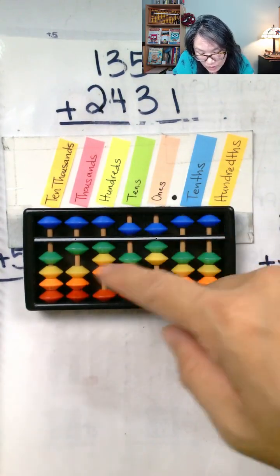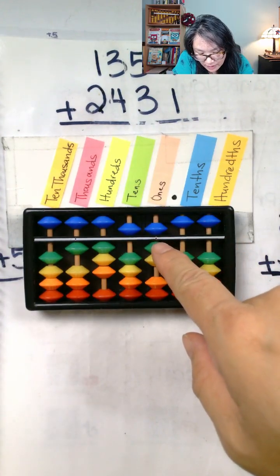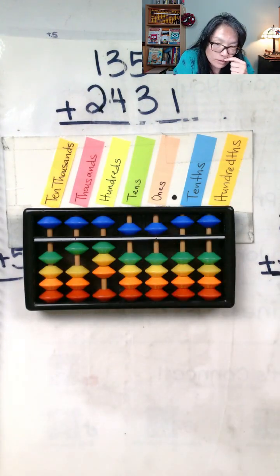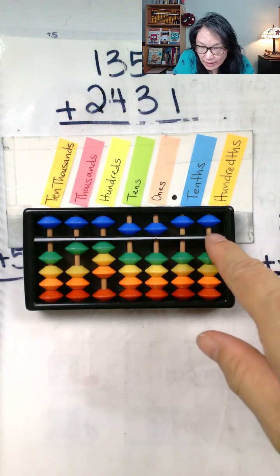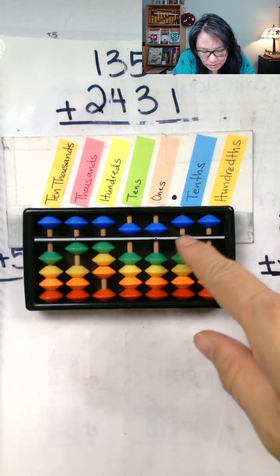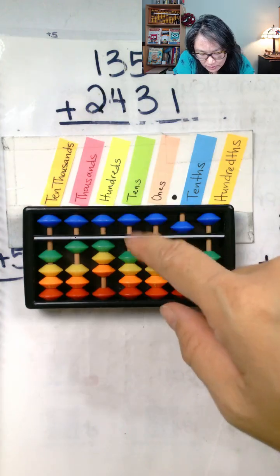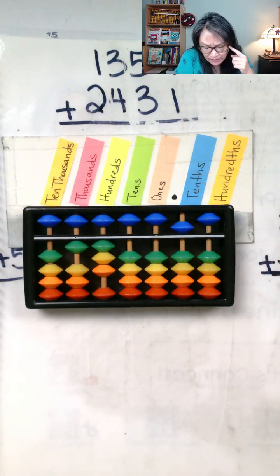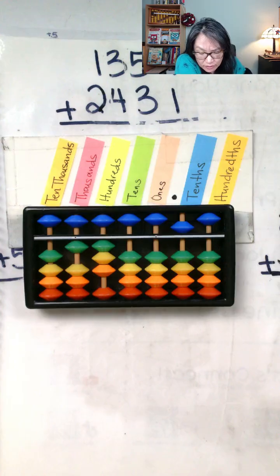If you always work with whole numbers, you could start from here, but it would confuse me because this is my label for ones. That's a good question. If we ever do money, the coins, like 50 cents, it all depends on how big the number is and how many decimals you have.